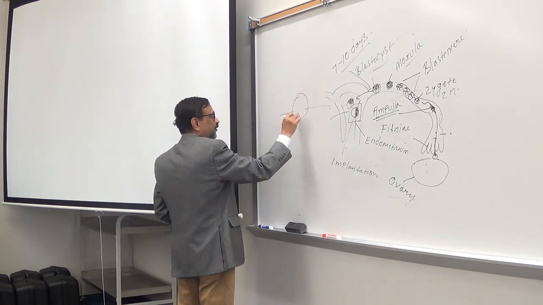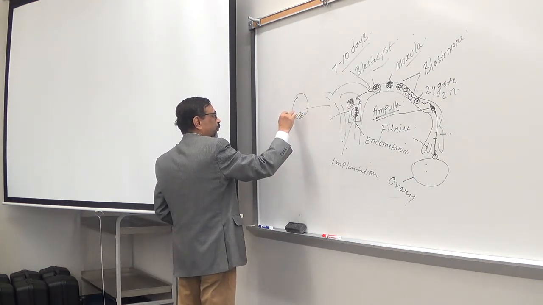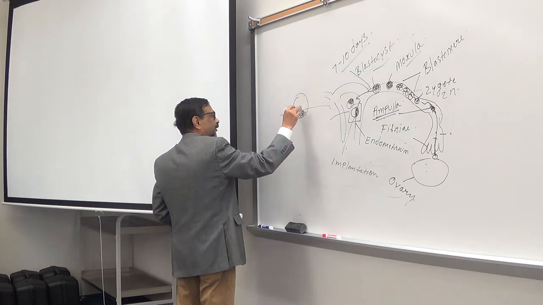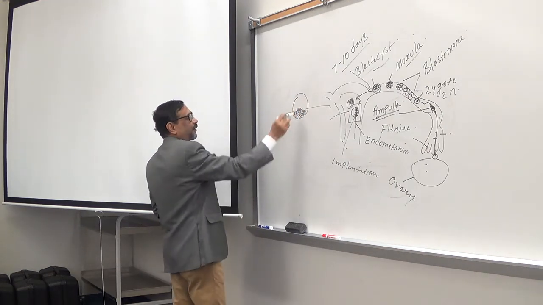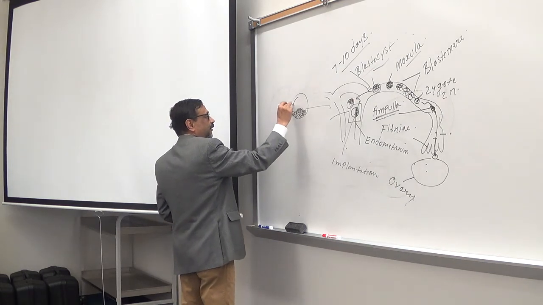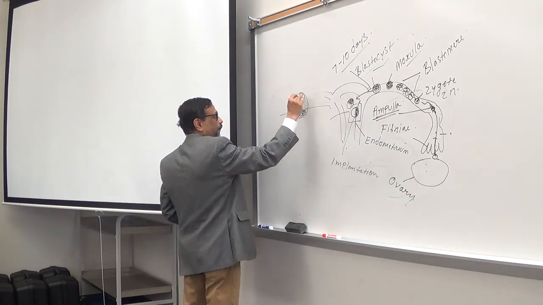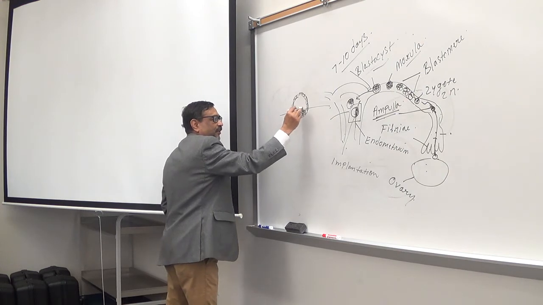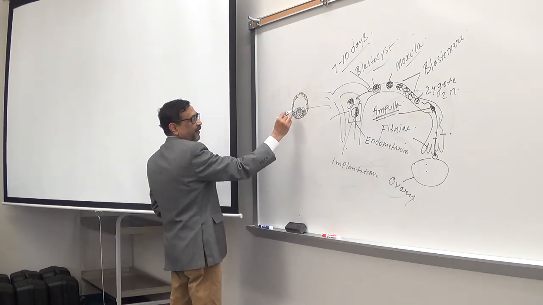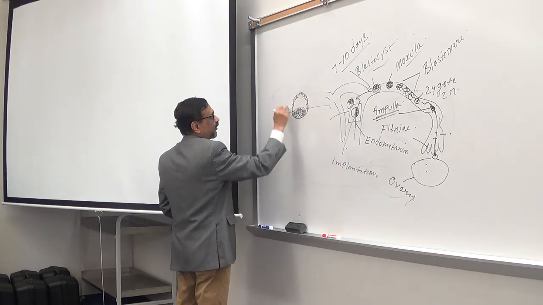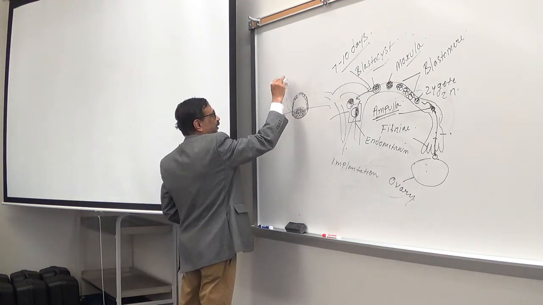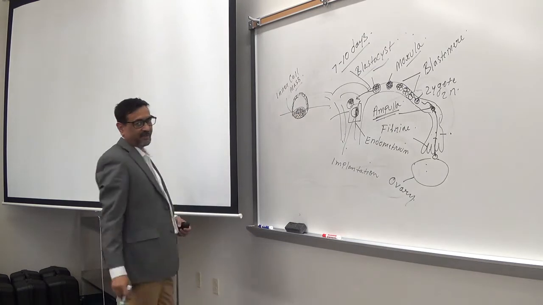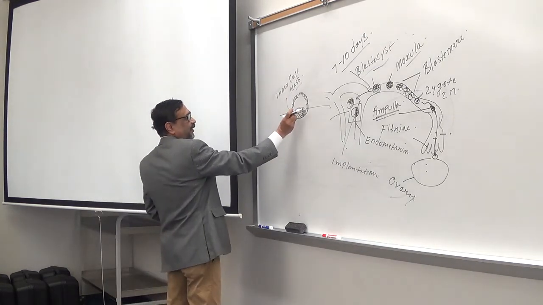This is the implanted blastocyst, and the cells here proliferate and make a mass of cells that is called the inner cell mass.